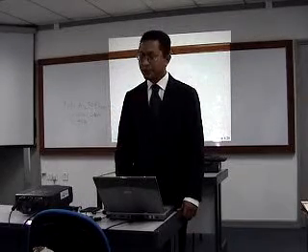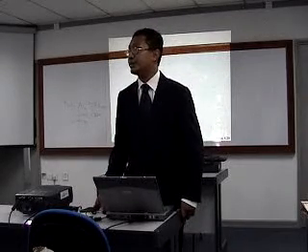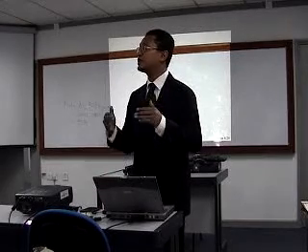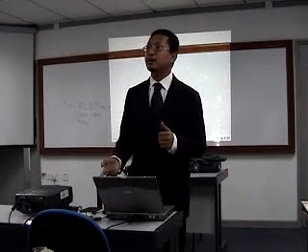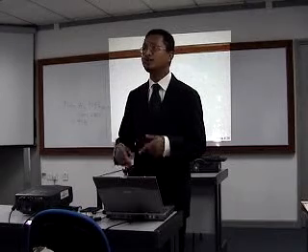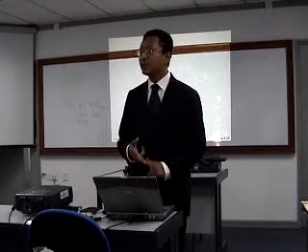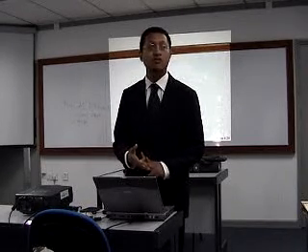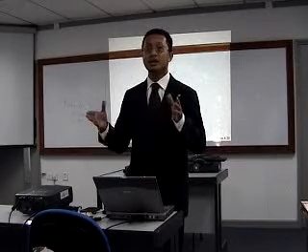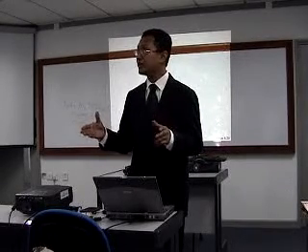Now let's say instead of annuity, you have a series of cash flows which differ each year. For example, first year you have a cash flow of 500, second year 1,000, the third year 700. So it does not have an equal series of cash flow.